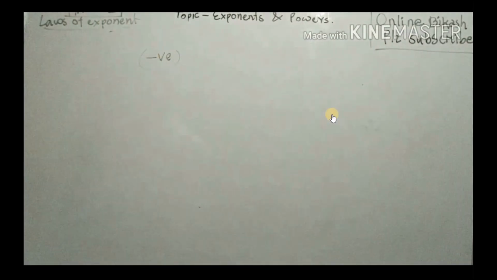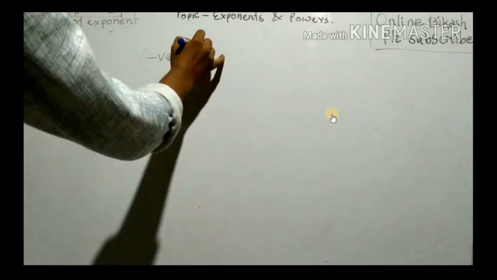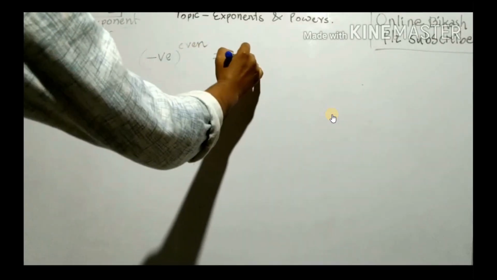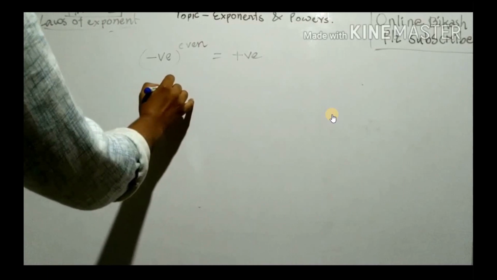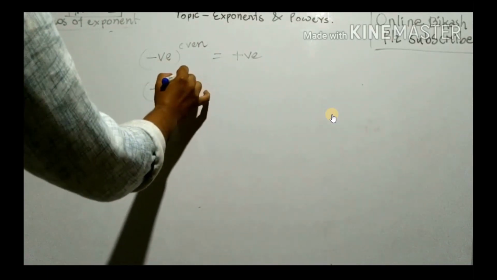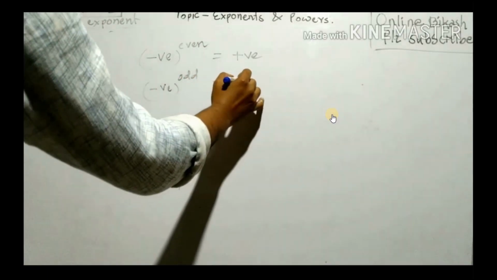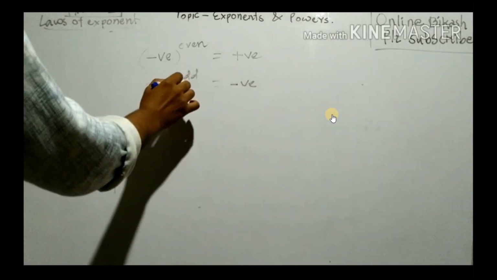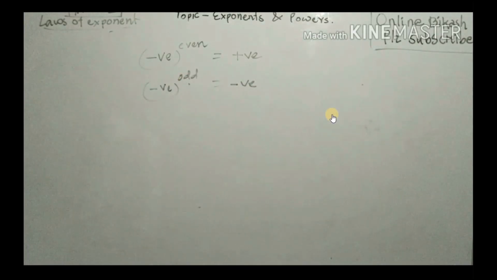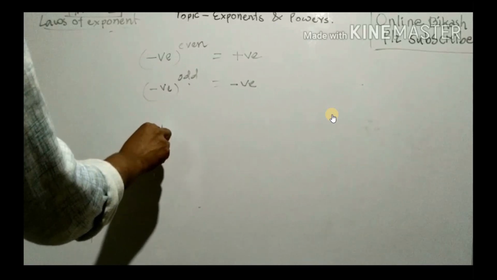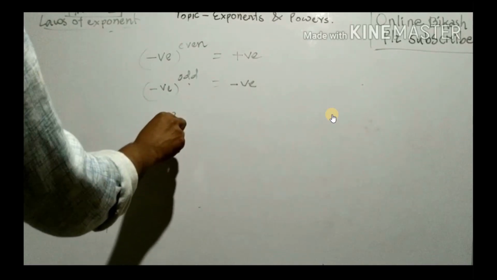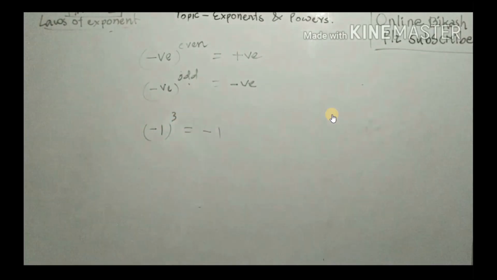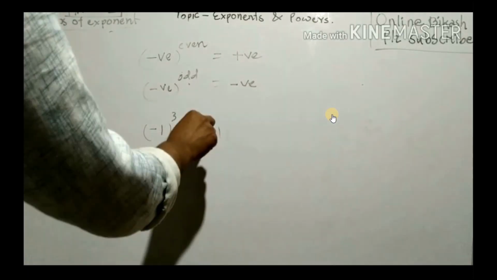Now at the last I just want to add an important thing. Whenever the base is negative and the power is even, we get positive. That we have already learned, I'm just repeating it here. Negative base and the power is odd, then we will get a negative number. In case of minus 1 cube, what will happen?